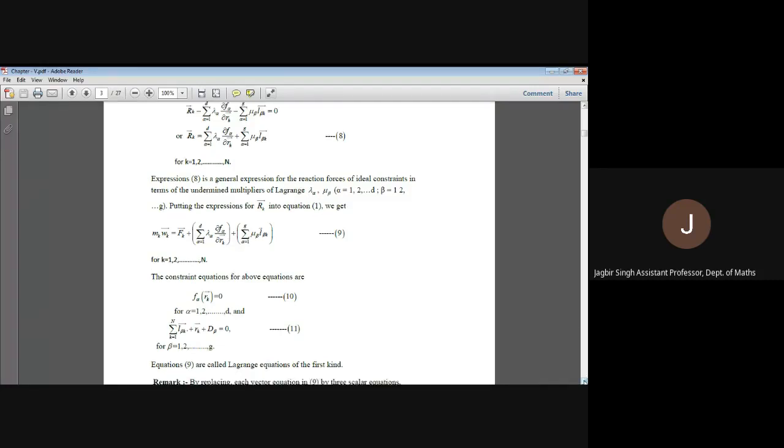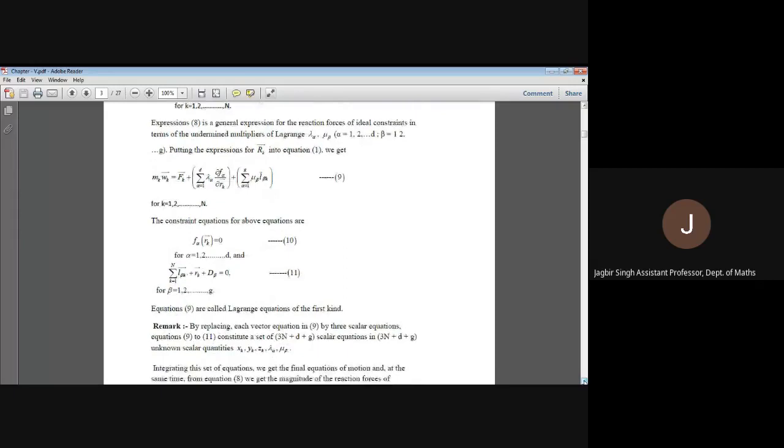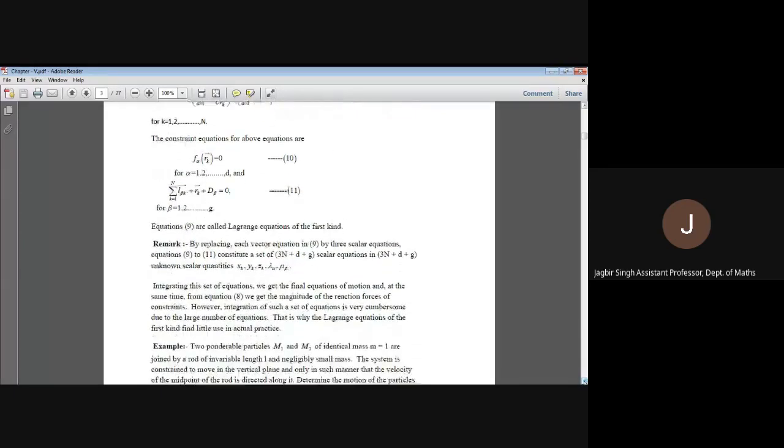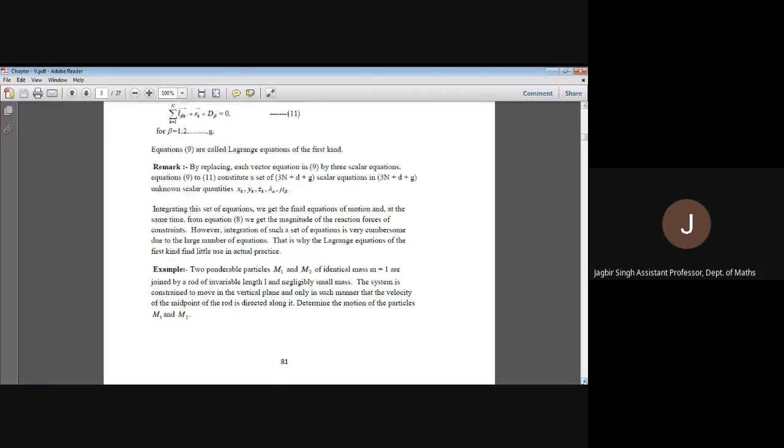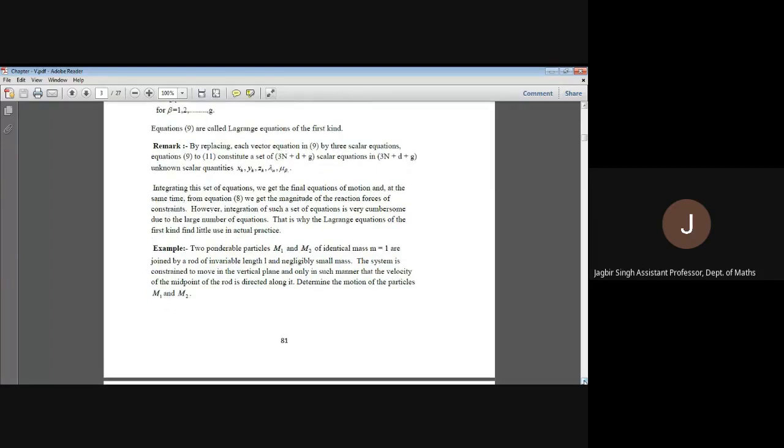Okay, let's start. We are going to discuss an example, and after that you will get the idea of how to use these equations. For the example, we are given two ponderable particles m1 and m2, both having identical mass, that is 1 unit, joined by a rod of invariable length L and negligible mass.